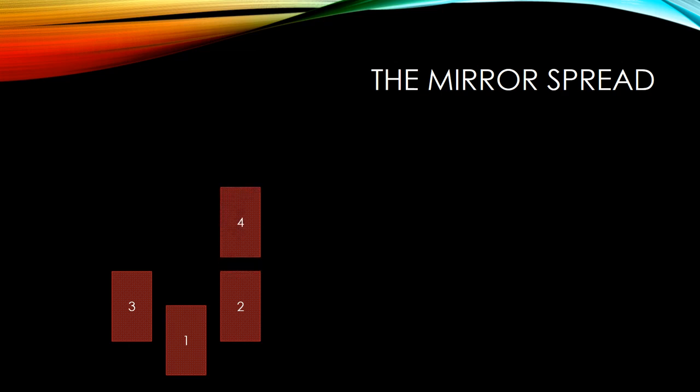And card number 4 is what the other person represents to your querent, right? Do they represent emotional security, instability, whatever? And then obviously on card number 5, it's what the person sitting in front of you represents to that other person. Okay, you come up on card number 6.